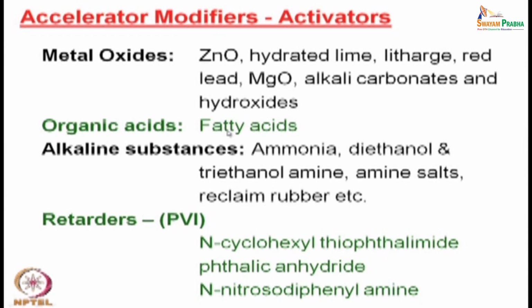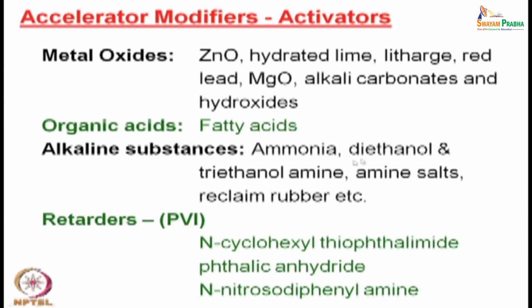Although organic acids are used, since that forms a salt, it cannot reduce the pH because it cannot ionize. So these cannot decrease the pH. In order to increase the curing rate, vulcanization rate, alkaline substances are preferable.